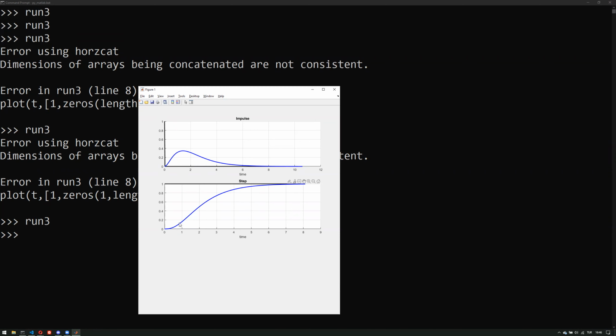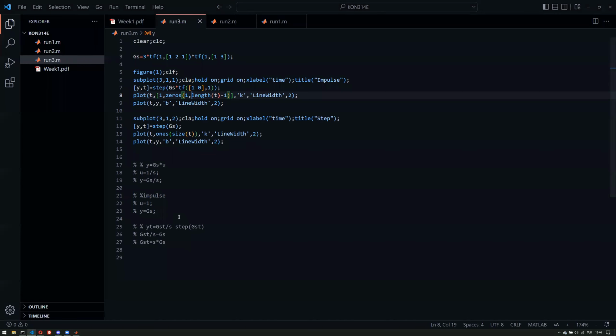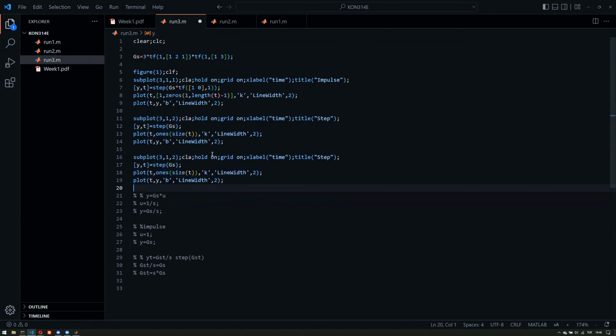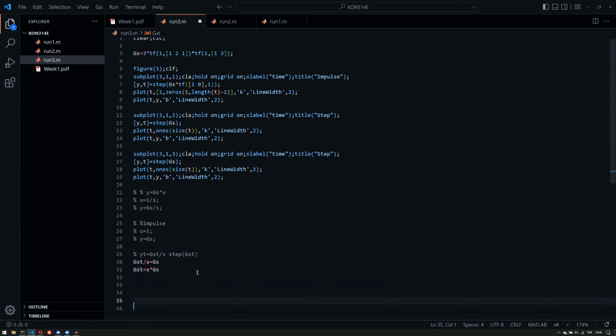Now, we would be more convinced if we can do the same for the ramp response, because a ramp is more visible than an impulse response. So I am going to do the same, but this time around, let me just get rid of it.